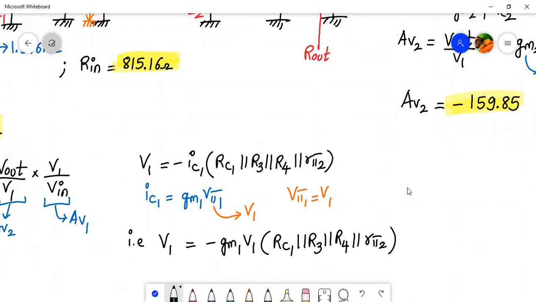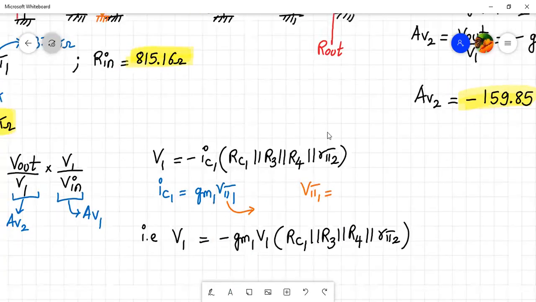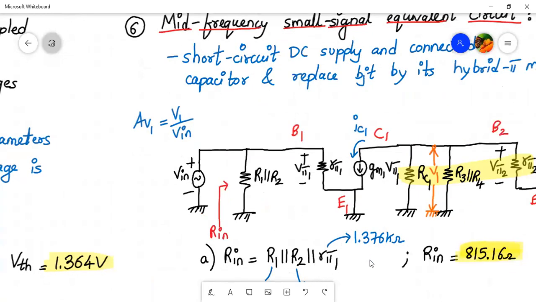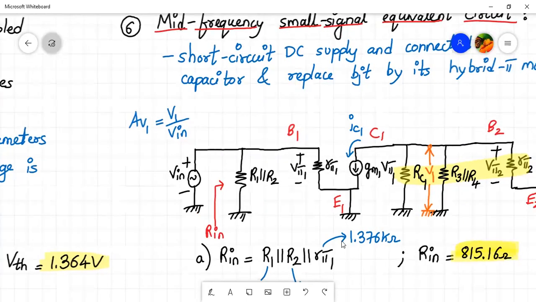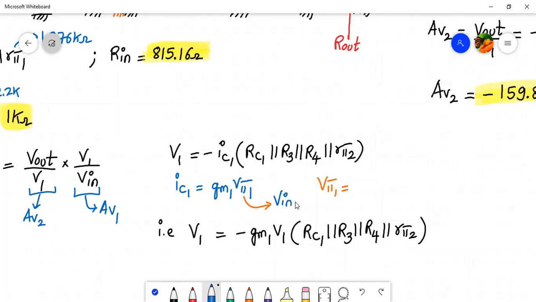Now, this will be V in, sorry, this is not V1, very sorry for that. V pi 1 will be equal to V in. I said it correctly, but wrote it wrong. So V pi 1 is equal to V in.